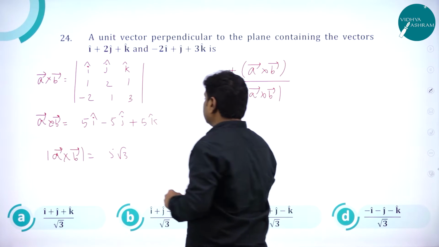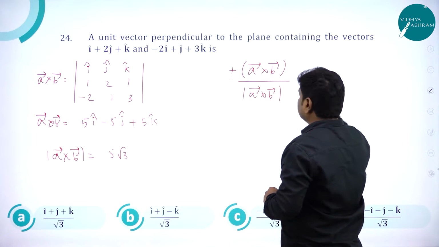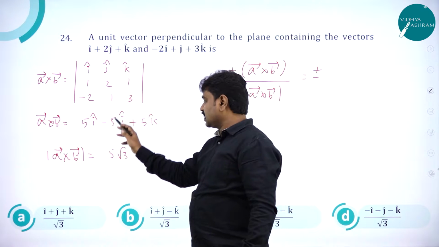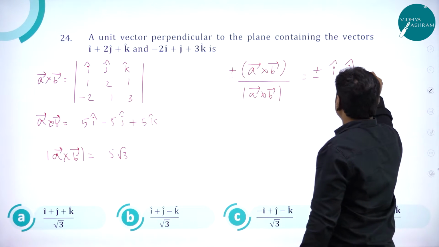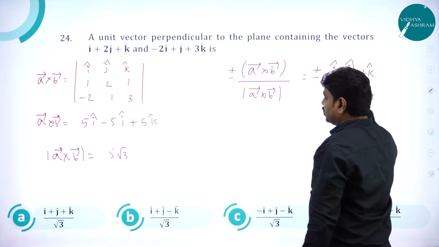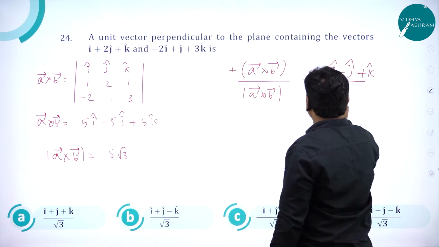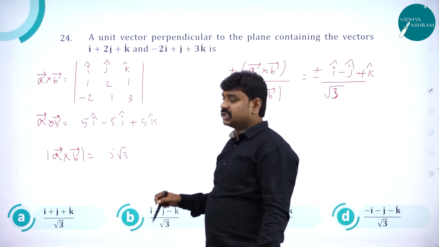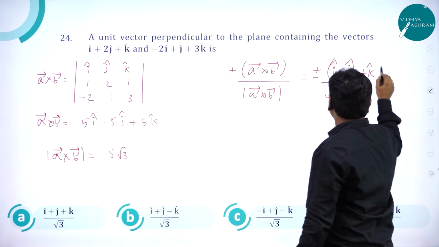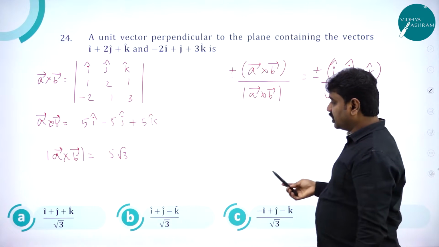So I'll use plus or minus. If I take 5 common and cancel, I'll be getting i minus j cap plus k cap divided by root 3. I'm telling you, when you divide, take 5 common and you can cancel, plus or minus, this is the answer. So i minus j plus k by root 3, see whether it is there.